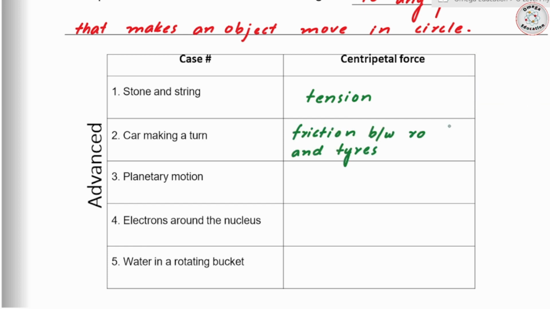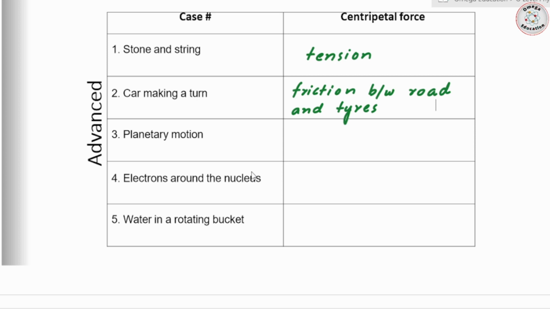All the planets rotate or revolve around their star. For example, our planet, the Earth, when it is revolving around our star, the sun, the force that keeps the planet moving in the circular path around the star is gravitational force. So where does the centripetal force come from in that case? From the gravitational force.